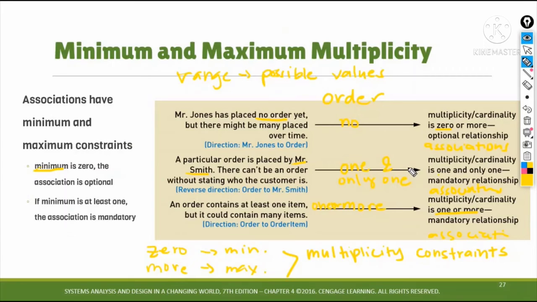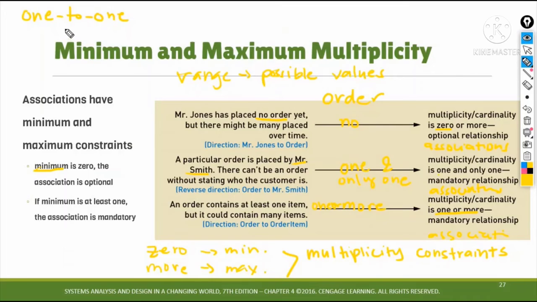So a one-to-one association can be refined to include minimum and maximum multiplicity. So for example, an order is placed by one customer. It is impossible to have an order if there is no customer. So therefore, 1 is the minimum multiplicity, making the association mandatory, because there cannot be more than one customer for each order. 1 is also the maximum multiplicity.